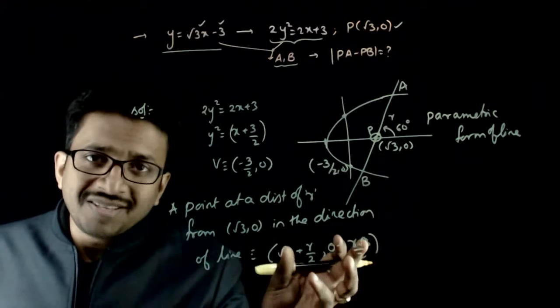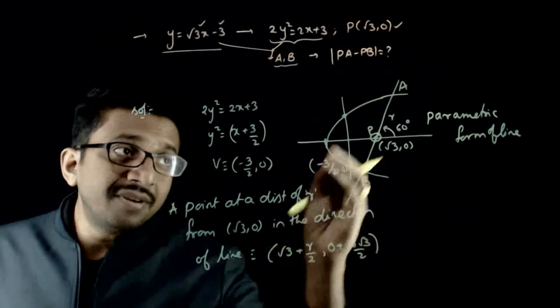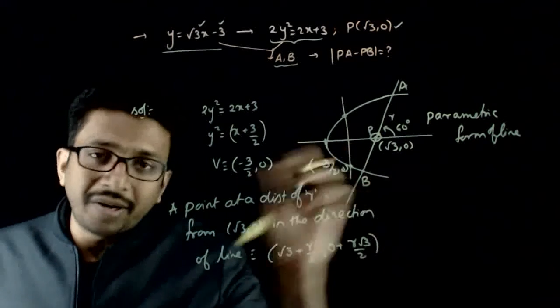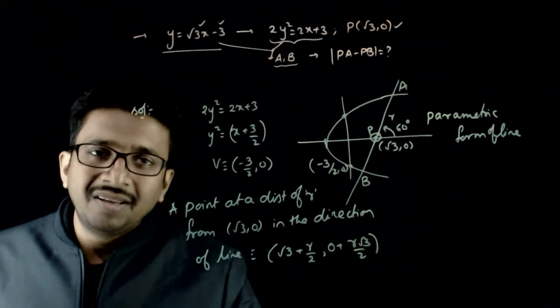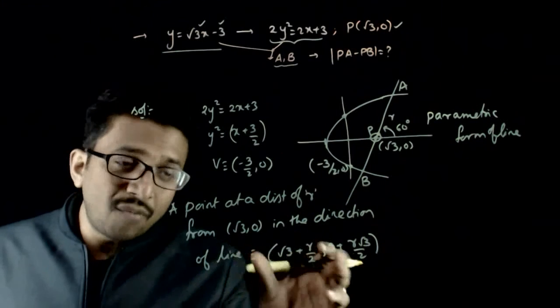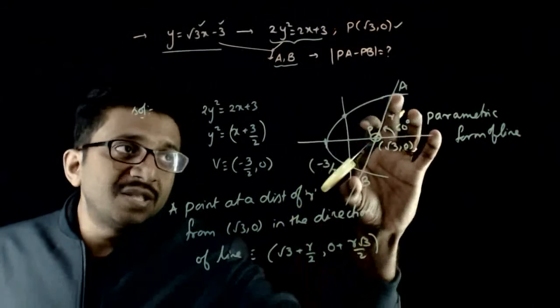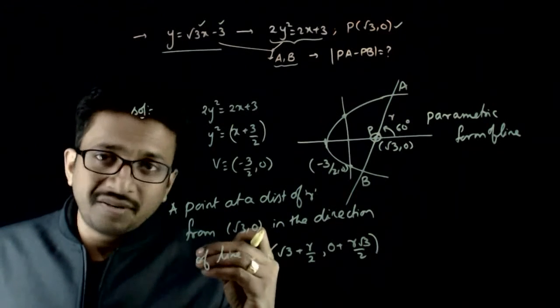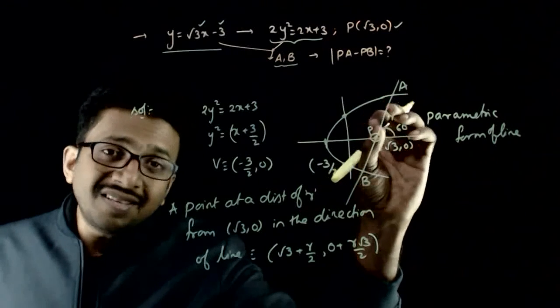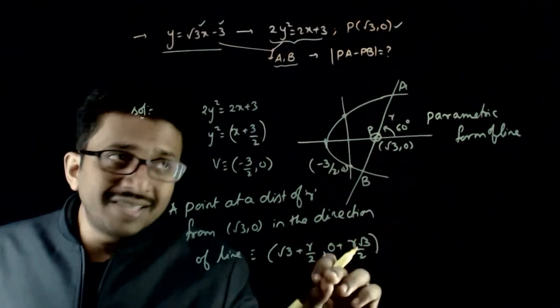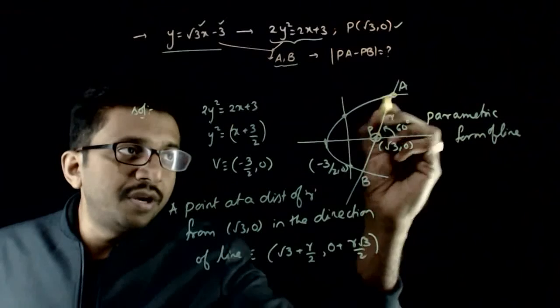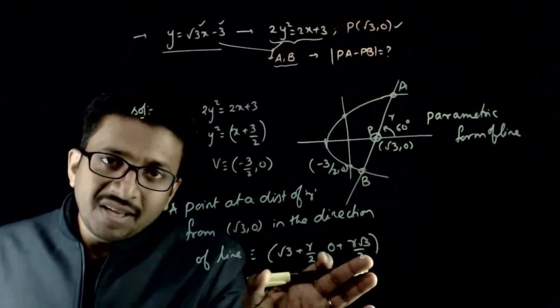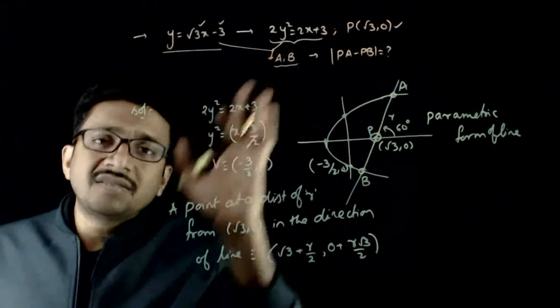So this is any point at a distance of r units from this point. Now I don't want any general point at a distance of r. I want this point to satisfy this parabola, so I want such an r which ensures that the point satisfies the parabola, because I want the points of intersection.